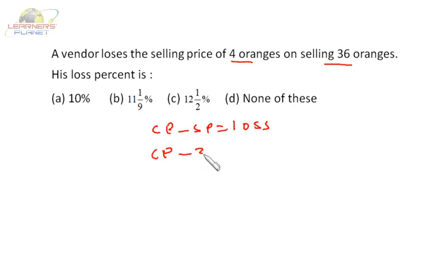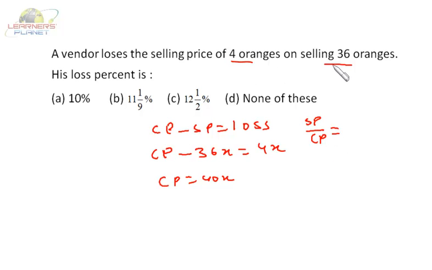Now CP minus 36x, in that case loss will be 4x. The selling price of 4 oranges is the loss and selling price of one orange is x, so it's 4x. That means cost price is equal to 40x. Now we have to find out the loss percent. We just calculate the SP by CP ratio.